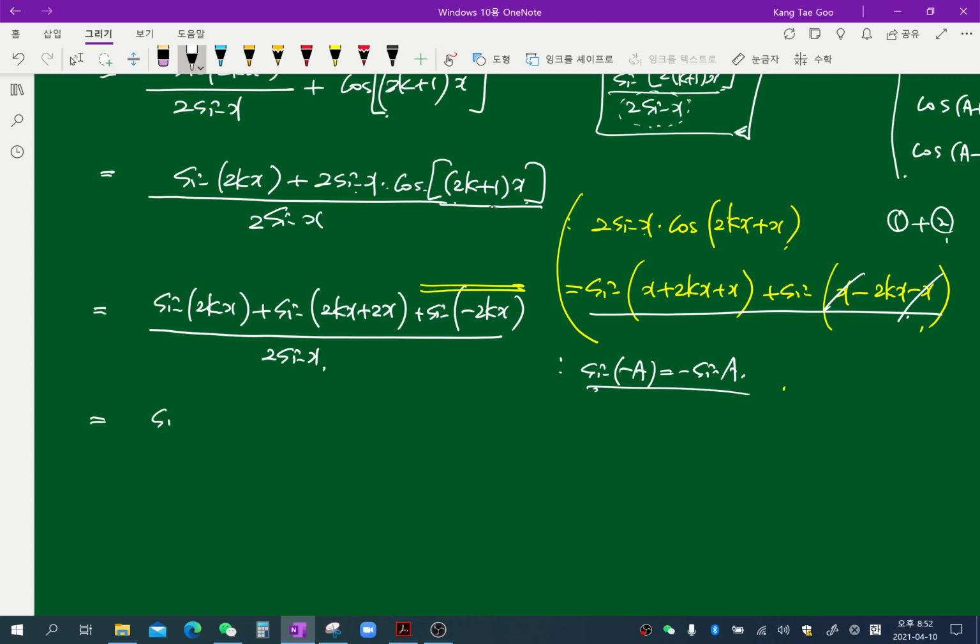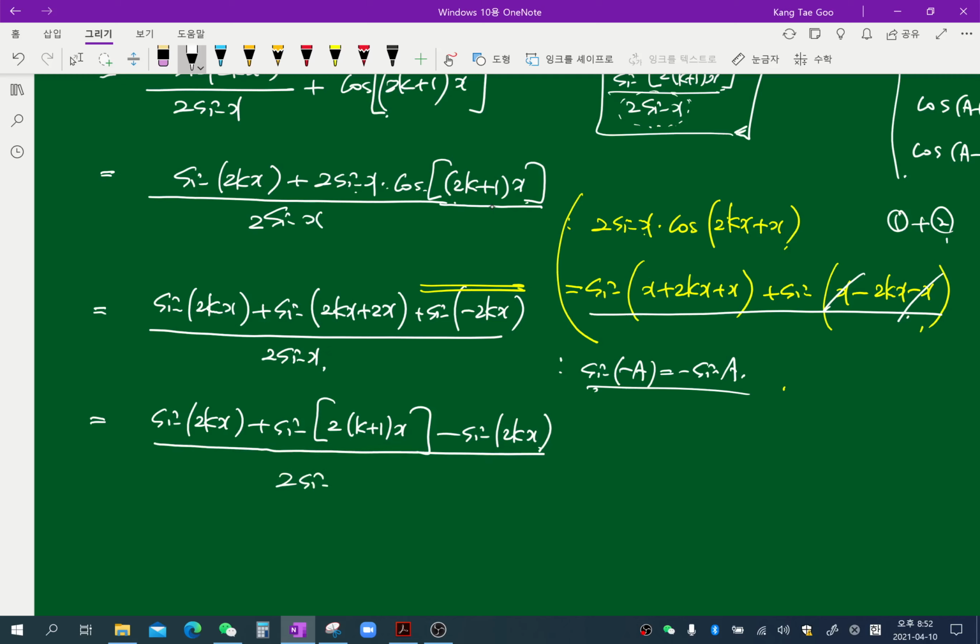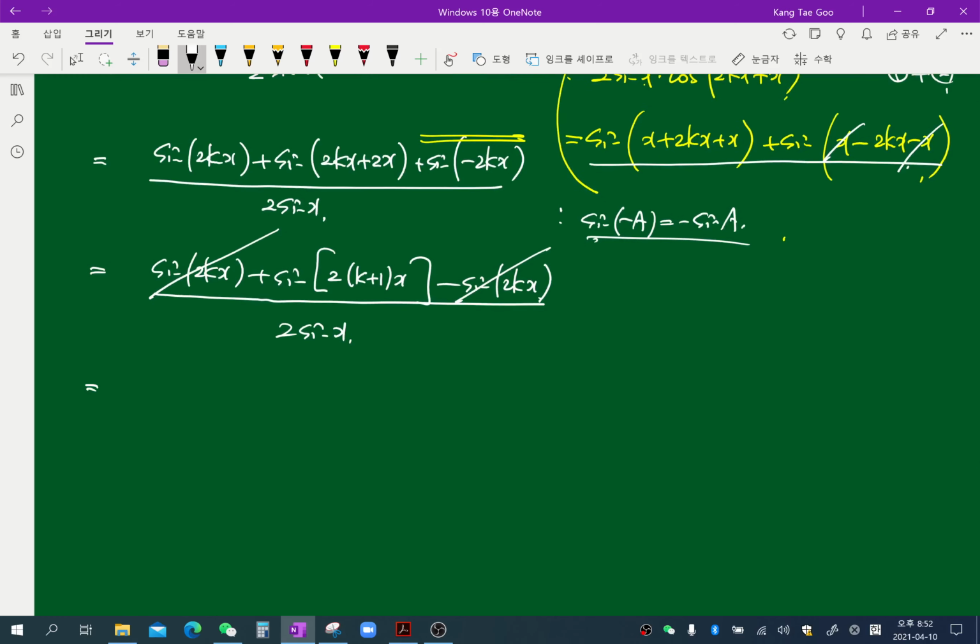Then sine of 2kx plus sine of 2(k plus 1)x minus sine 2kx over 2 sine x, and these cancel each other. So we have the answer, sine of 2(k plus 1)x over 2 sine x. This is your right hand side of P(k plus 1). That's why P(k plus 1) is also true.